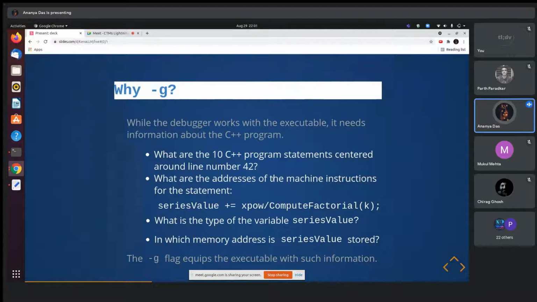So questions like what are the neighboring statements of a program statement centered around some particular line number in the code, or the addresses of the machine instructions for some statements or expressions that we have written in the code, or the types of variables we are using, and in which memory address these variables are stored. Questions like this: the -g flag equips the executable with such information, which enables the debugger to answer our questions.